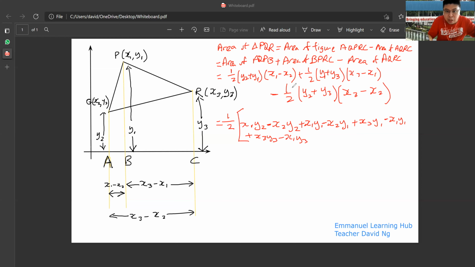Here there is a minus sign, so I need to take out minus half.